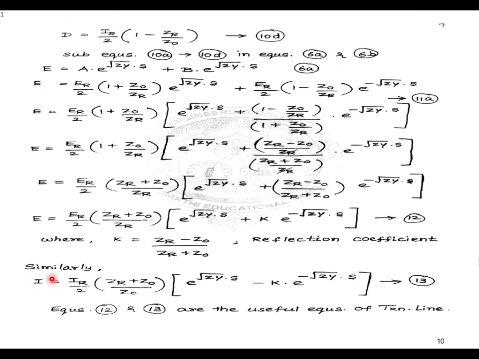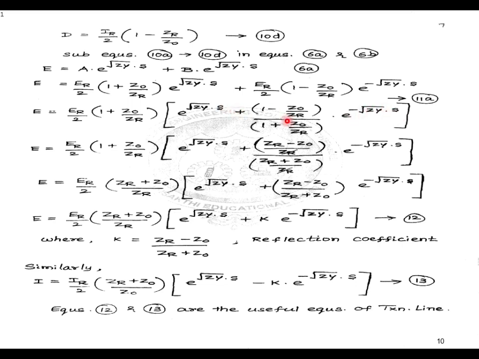E equal to ER divided by 2, 1 plus Z0 divided by ZR into e power root of ZY into S, plus ER divided by 2 into 1 minus Z0 divided by ZR into e power minus root of ZY into S. Taking ER divided by 2 into 1 plus Z0 divided by ZR outside, we get e power root of ZY into S plus 1 minus Z0 divided by ZR divided by 1 plus Z0 divided by ZR into e power minus root of ZY S.